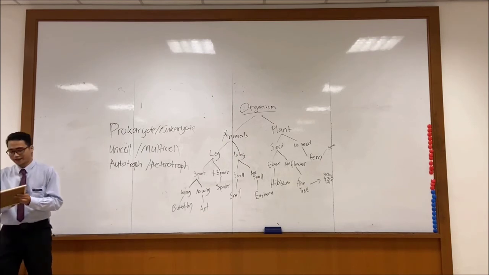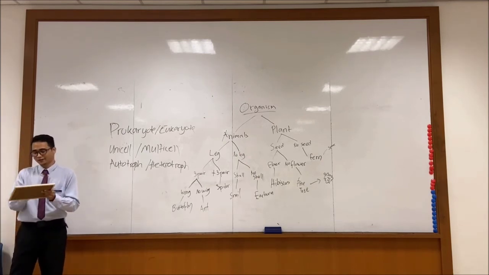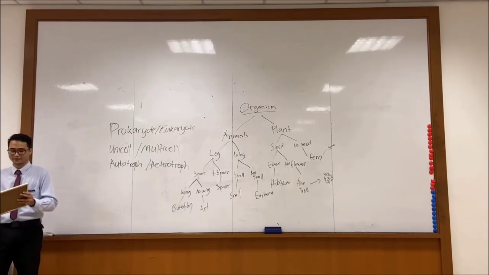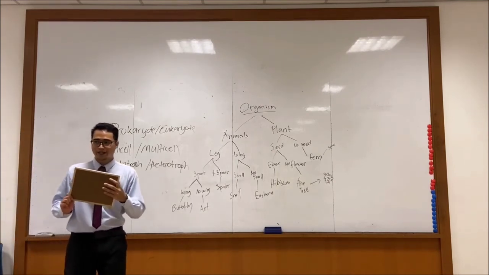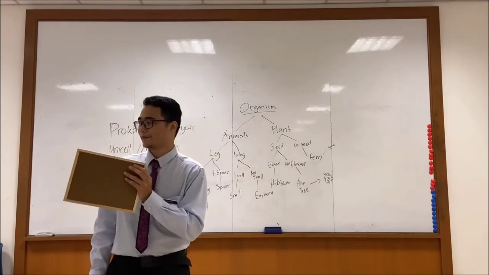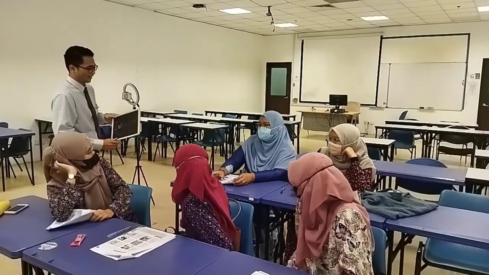Alright. So I will start to write it here. I will give this to Raja. Alright. So who is she? Am I from Korea? Yes. Am I unicellular organism? Yes. Am I autotroph or heterotroph?